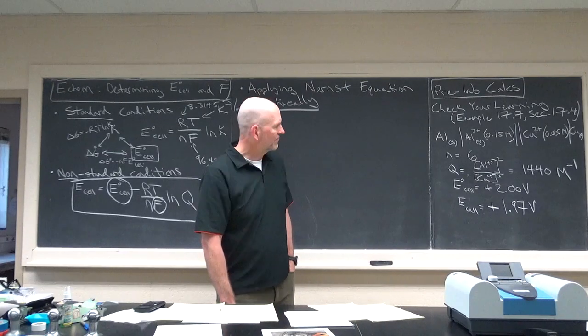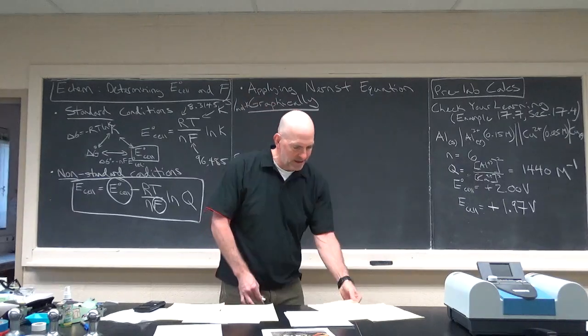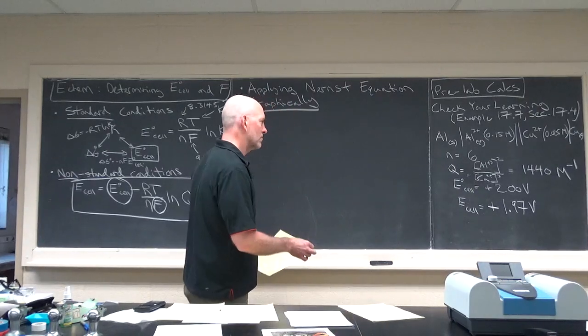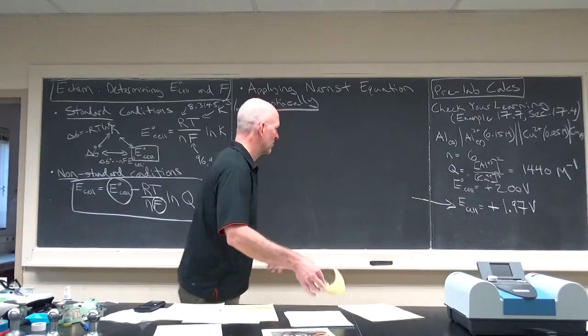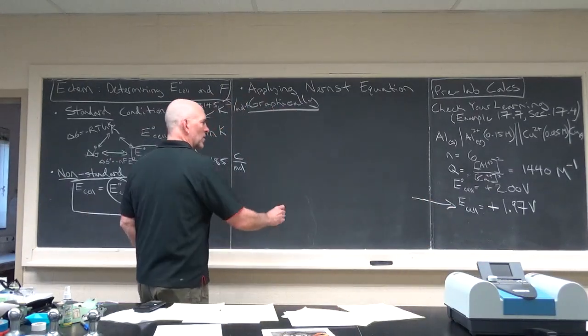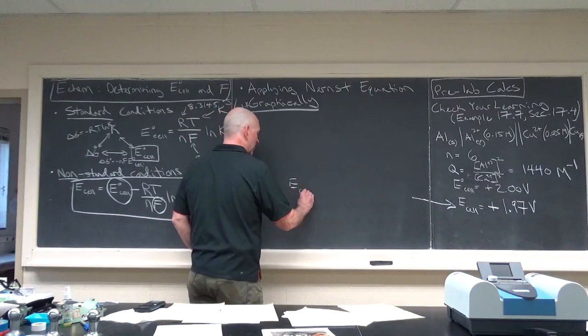I guess I could show the work for that. Okay, I will, but then I'm going to erase it. I just want to put in the numbers. There's one point I do want to make. We're trying to calculate the non-standard cell potential.